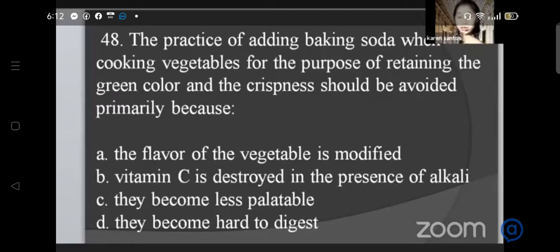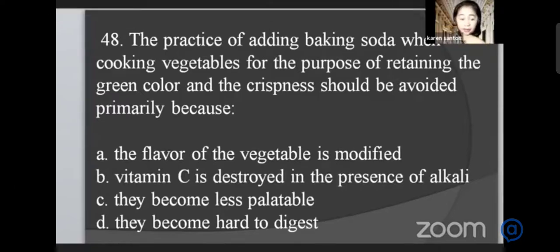Okay, so the correct answer is letter B, which is vitamin C is destroyed in the presence of alkali.